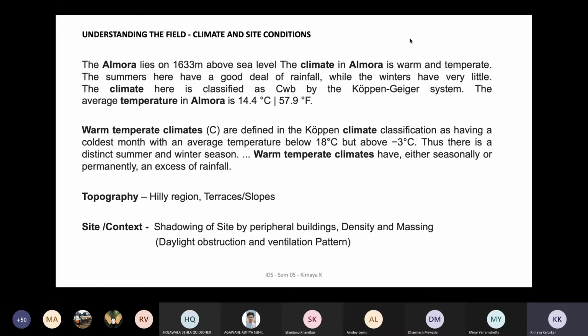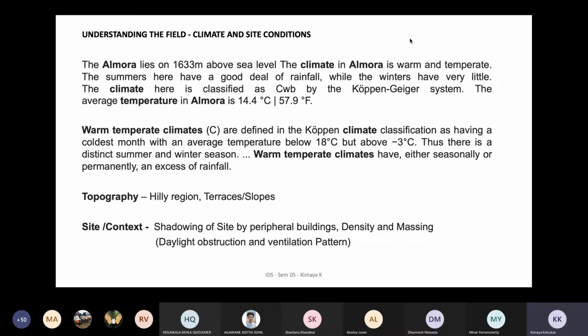So definitely the kind of material that you use, the thicknesses of your walls, and the things that you take as decisions matter. Then the climate is classified as CWB as per the Köppen-Geiger system. And you need to understand the average temperatures, because these are the temperatures that you work with.